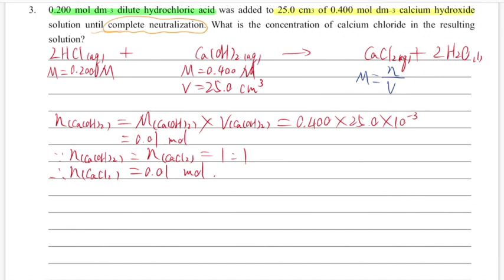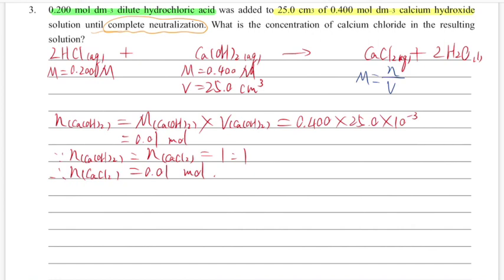We are going to use the number of mole of calcium hydroxide we found out, and by using the molar ratio we will be able to work out the number of mole of hydrochloric acid needed to neutralize the calcium hydroxide. And then if we know the number of mole of hydrochloric acid and the molarity, we could work out the volume of hydrochloric acid used.